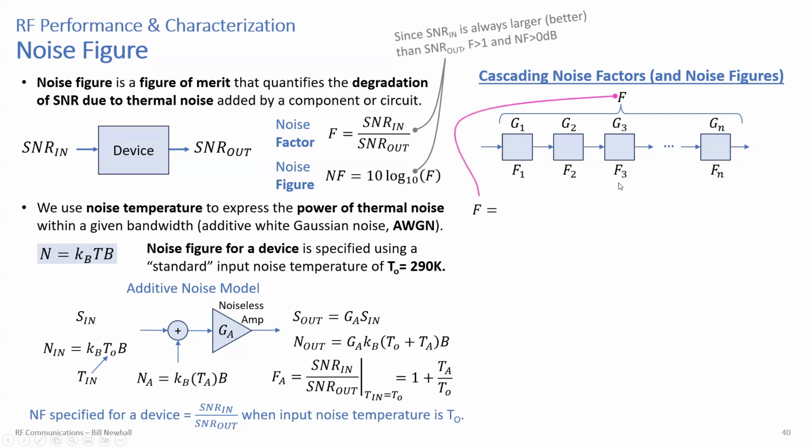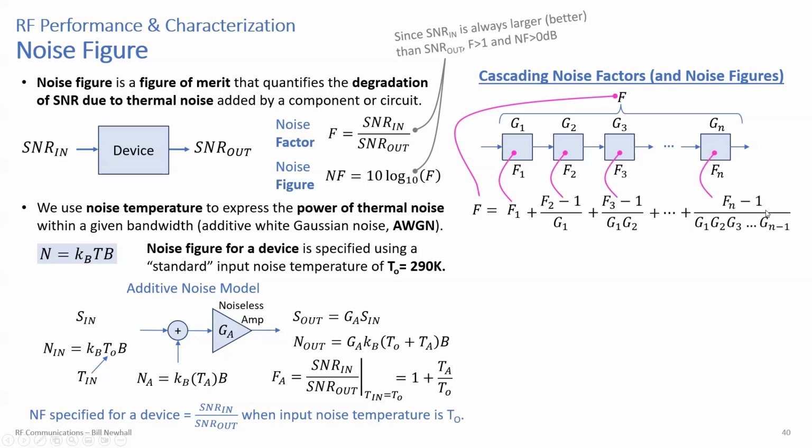But the noise factor here, if you cascade these all into one combined noise factor, is this. It's the sum of the first component. Let's say the signal is going from left to right through this chain. The cascaded noise factor would be the first component's noise factor, F1, plus the second component's noise factor minus 1 divided by G1, plus the third component's noise factor minus 1 over G1 G2, plus dot, dot, dot.